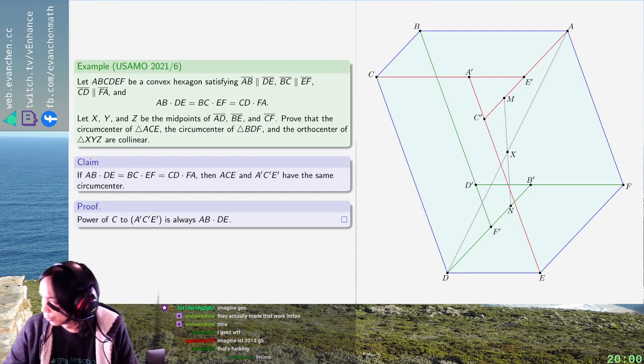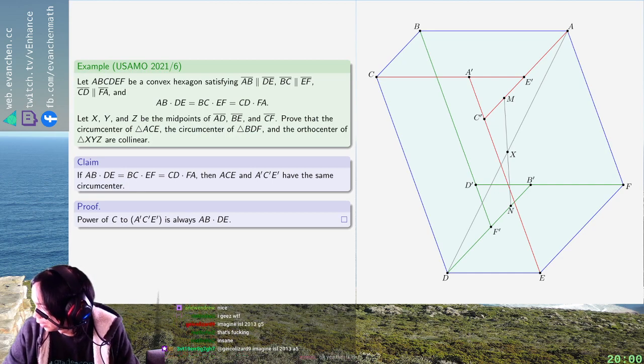Okay, so now if they have the same circumcenter, then it's enough to show that the circumcenter of A prime, C prime, E prime, the circumcenter of B prime, D prime, F prime, and the orthocenter of XYZ are collinear. So why have I drawn X here? It tells you that X is the midpoint of this midpoint and this midpoint.